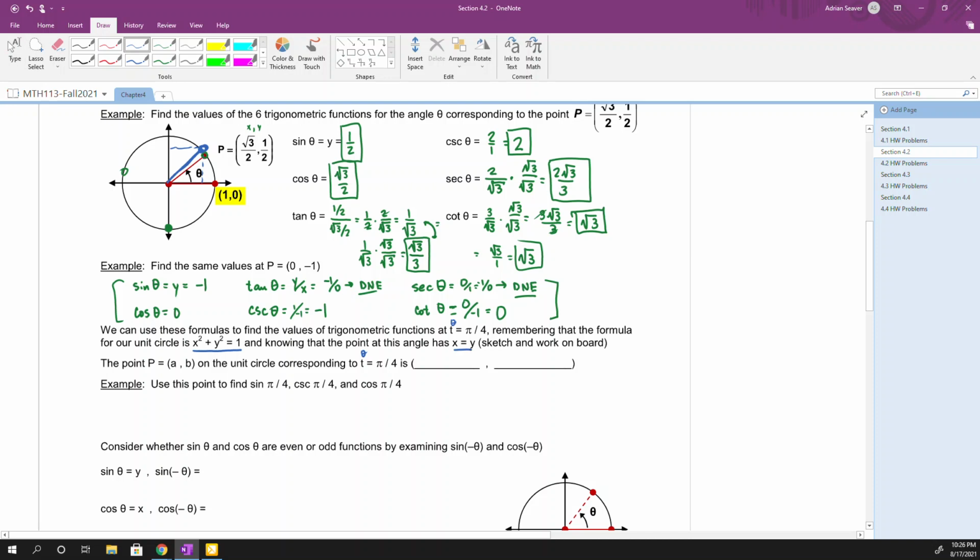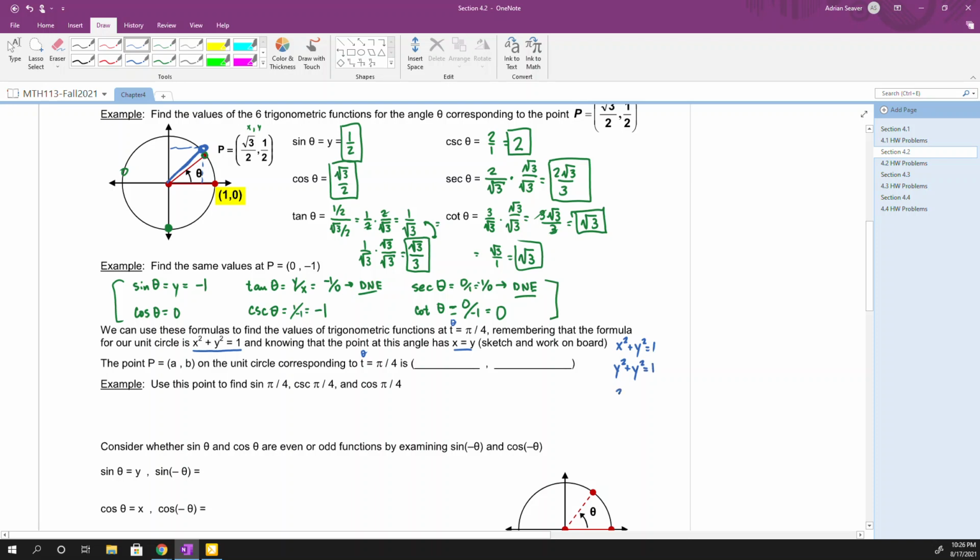Okay, so if you think about that, the point P equals (a, b), I can come in here and say, well, here's my formula for my unit circle. This has to be true. x squared plus y squared equals 1 for any point on my unit circle. So if I let x be y, if I say those have to be equal, then I could replace x with y, so y squared plus y squared equals 1.